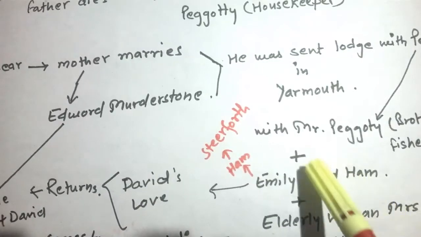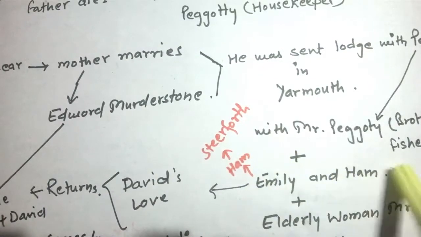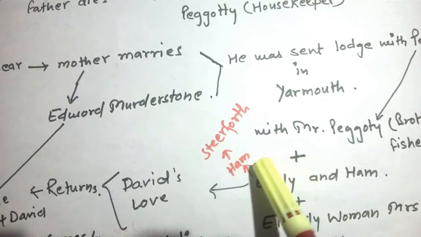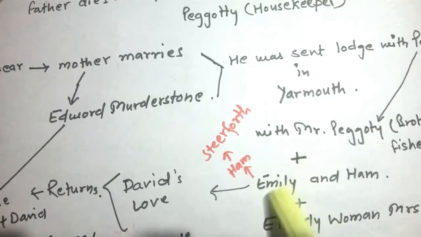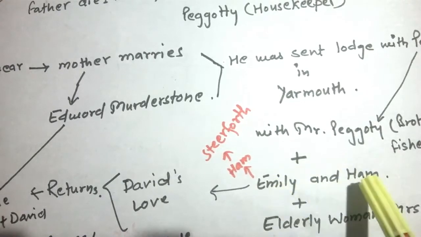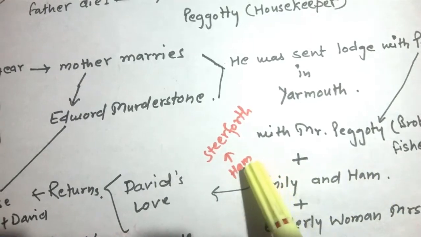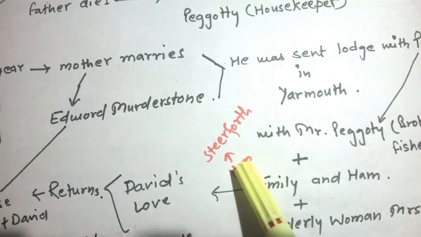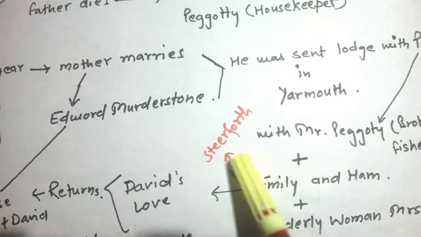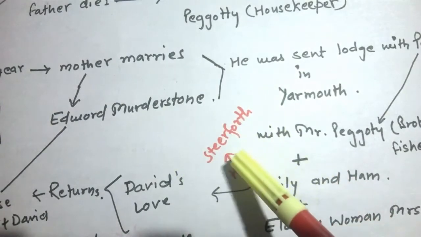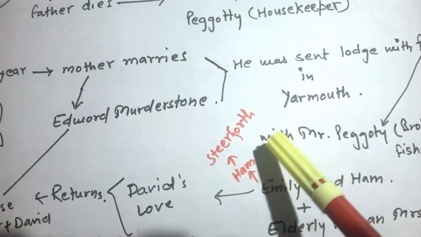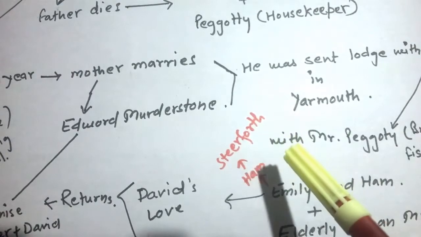They also had with them Emily and Ham. He also falls in love with Emily earlier in the story, but later Emily marries Ham, and it was a forced marriage, so she was not happy, and she ran away with Steerforth.